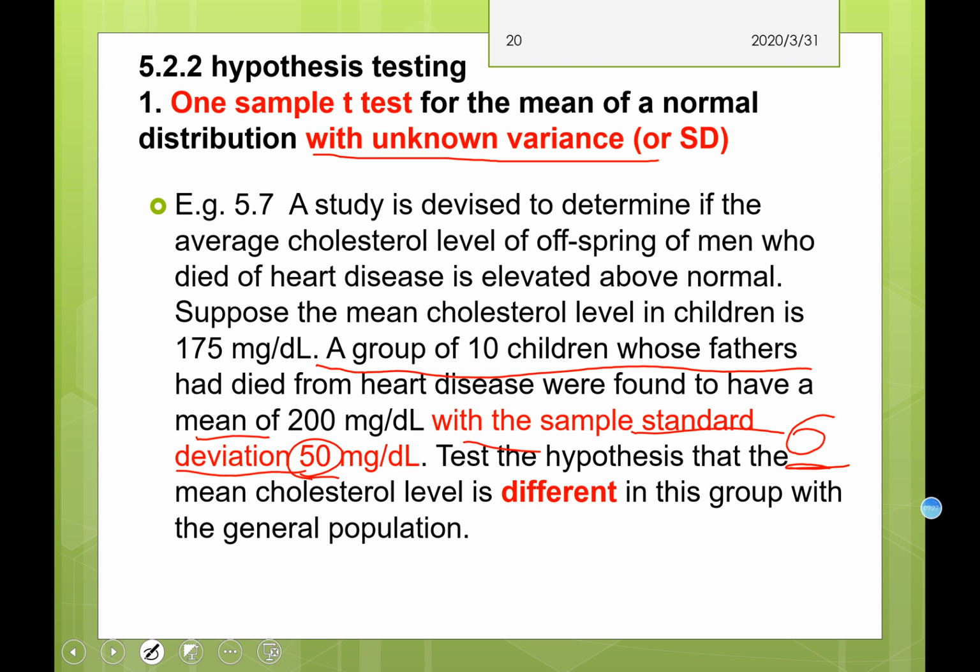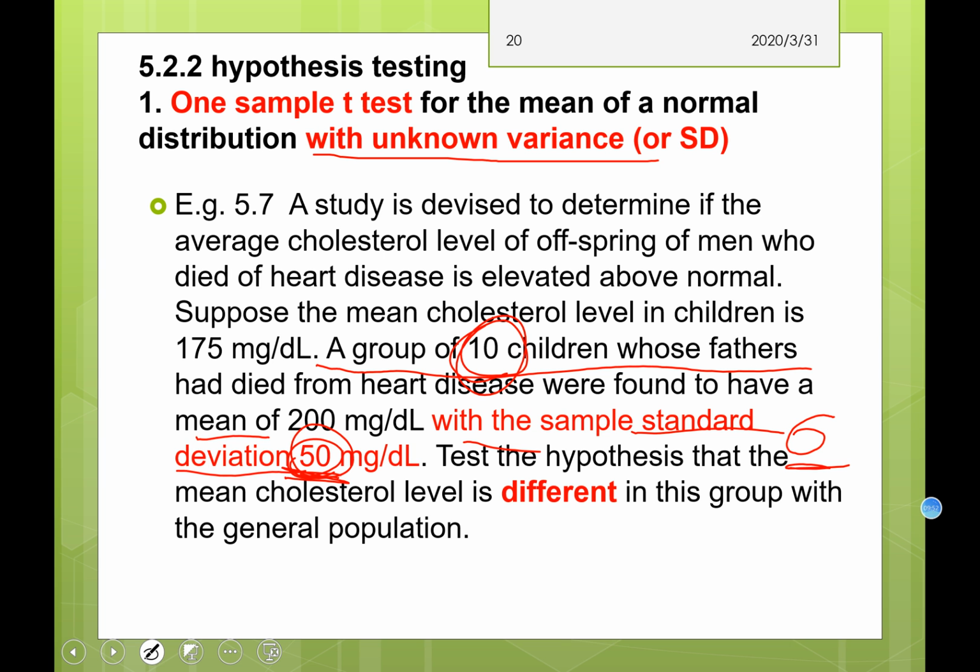So we find that this number is calculated with the data of 10 children. And we said that 10 is a sample size. So that means 10 children is a sample. So here, this is the standard deviation of the sample, not a population.